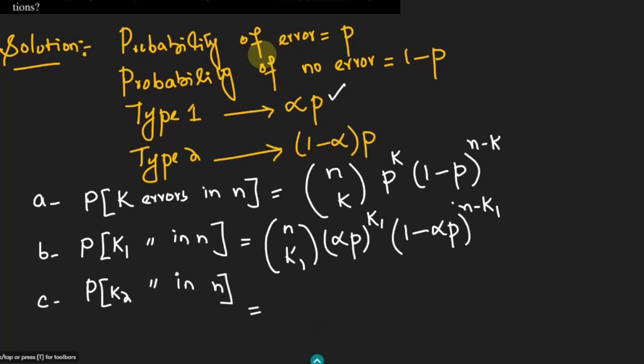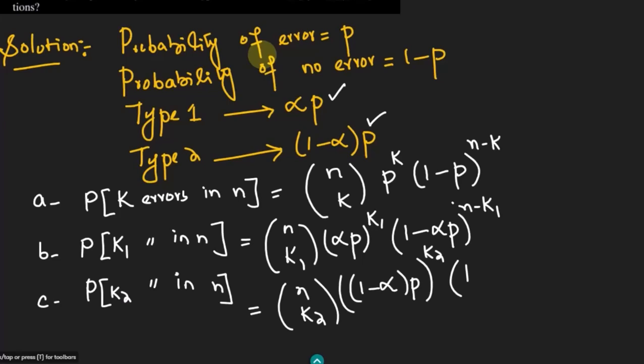So here it would be n choose k2, and the probability of type 2 is given as 1 minus alpha p, and the power of it is k2. The probability that it is not a type 2 error is 1 minus alpha p, and the power it will have would be n minus k2. So this is the solution of part C.